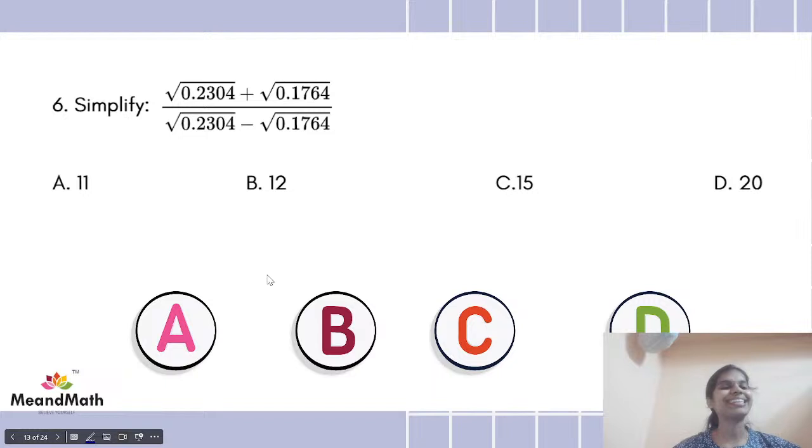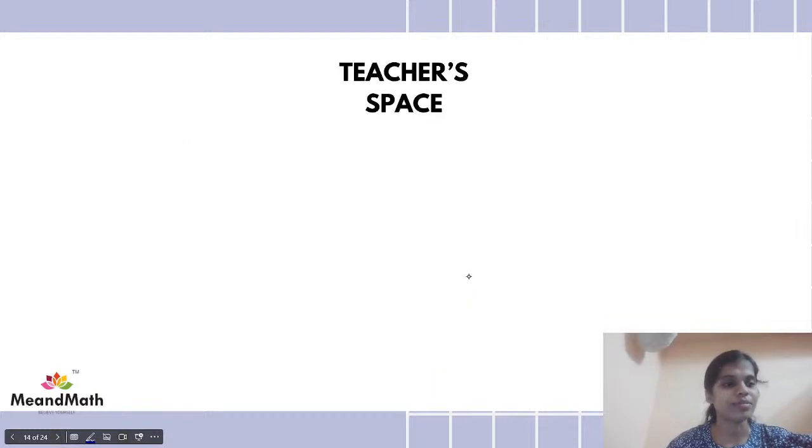Simplify so that the square root gives you the whole value. What does the value say? 0.2304, 0.1764. Okay? Numerator is plus, denominator is minus.